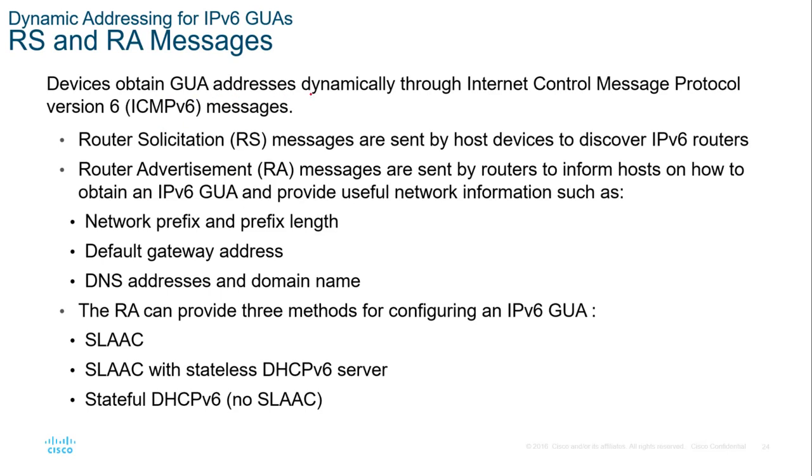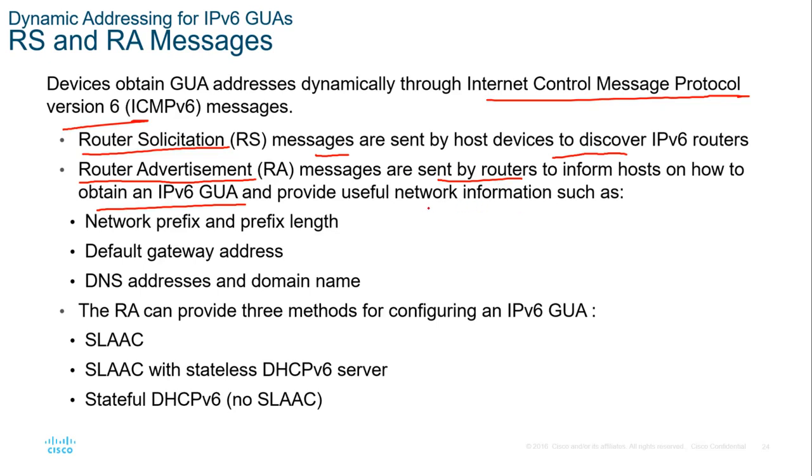Devices obtain a global unicast dynamic address through ICMPv6, Internet Control Message Protocol version 6. We have router solicitation messages that are sent by host devices to discover the router. Then we have router advertisement messages that are sent by routers to inform hosts on how to obtain the IPv6 global unicast address and provide useful network information.